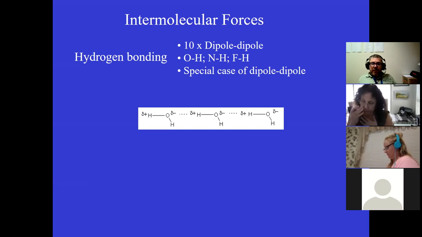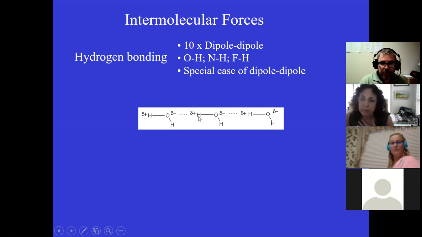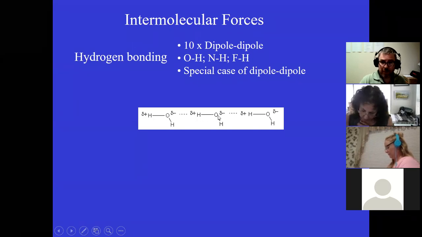And the reason for this, and I'm not going to go into it too deeply, you can see more about it in the video, is that hydrogen is very small relative to O, N, or F, and that results in a much stronger delta plus, delta minus situation here. So these are going to be very strong intermolecular bonds between a delta plus and a delta minus, 10 times stronger than your garden variety dipole-dipole bond.